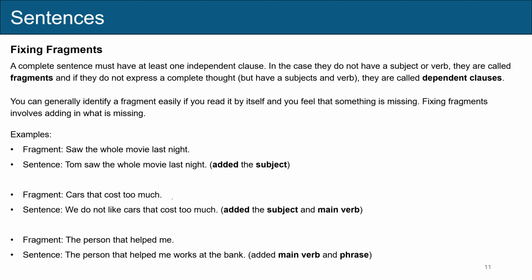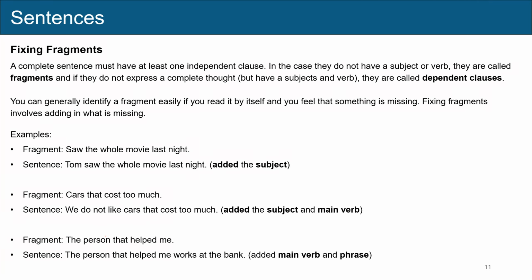Cars that cost too much. If somebody asked you a question about what bugs you and you say cars that cost too much, that would make sense. But again, academic writing, we're not having a conversation. So you need to indicate and create that complete sentence that has that subject, it has that verb, and it forms a complete thought.